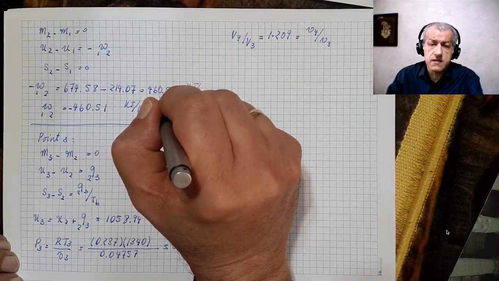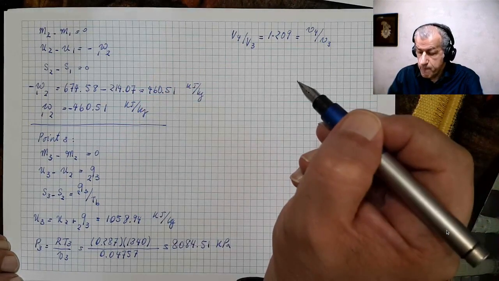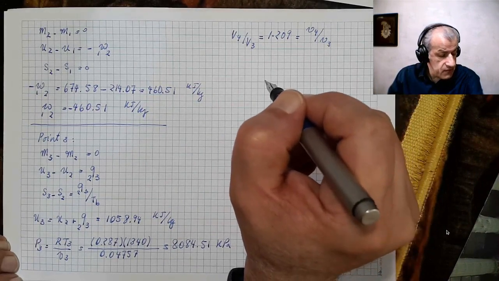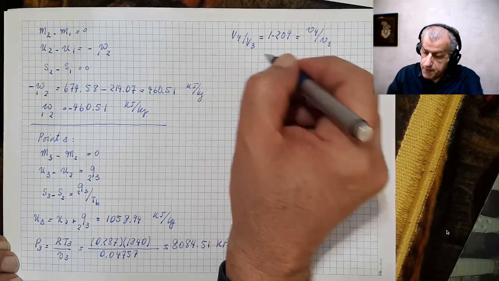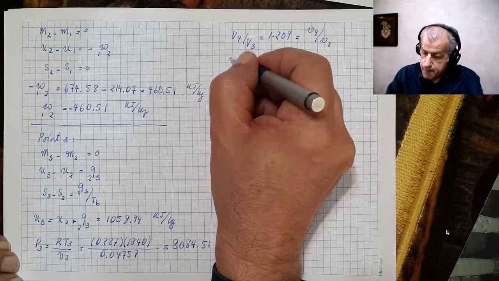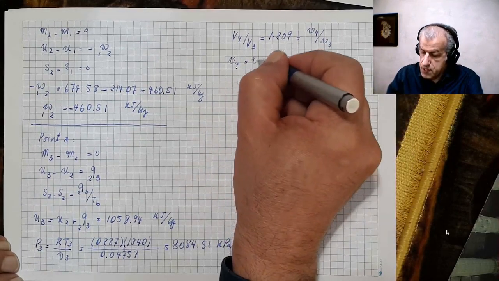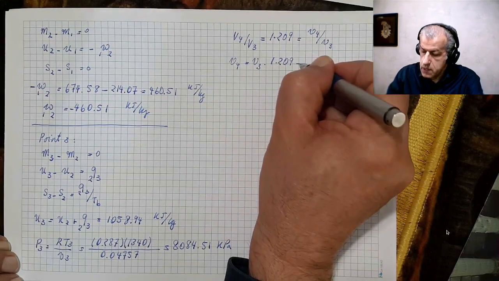It's, as they call it, isobaric. And now we have knowledge of the specific volume at point 4. V4 would equal V3 times 1.209.